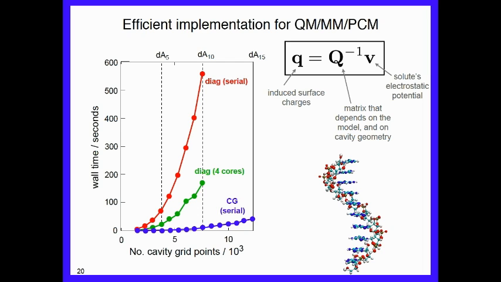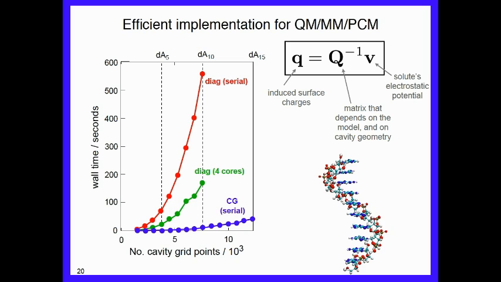And for a sequence of single-stranded polyadenines, which are the data here, you can see that doing a simple matrix diagonalization, which is the straightforward way to solve linear equations, I get a cost that scales cubically with the number of solute atoms. And so by the time I've gotten to a decamer of MM nucleobases, it's taking me about 600 seconds to solve the PCM equation, so that's 10 minutes.